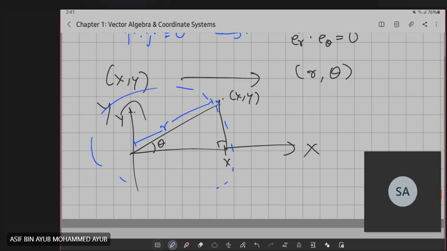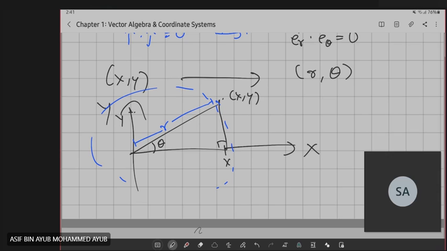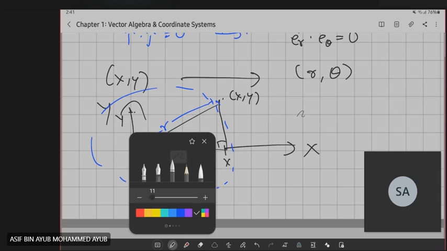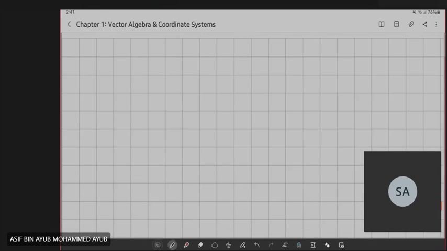You know from the Pythagoras theorem, or from trigonometry, that x equals r cos theta, and y equals r sine theta. This is how you move from r theta to xy.